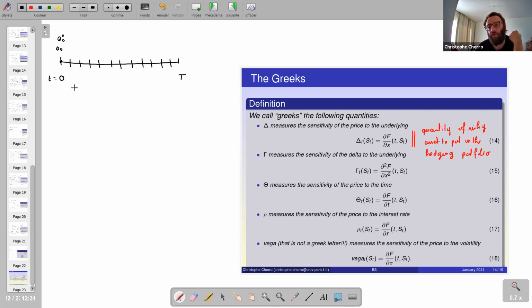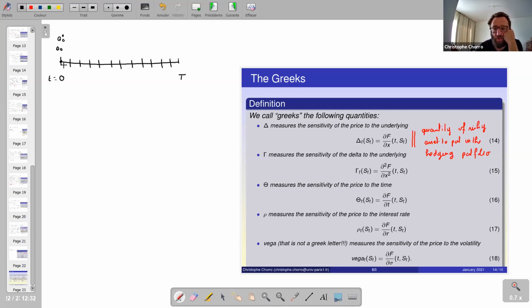Suppose that you are in another situation. If the gamma is big, it means that you are very sensitive to changes in the risky asset. In this situation, it will be better for you to readjust your portfolio at a shorter time period.